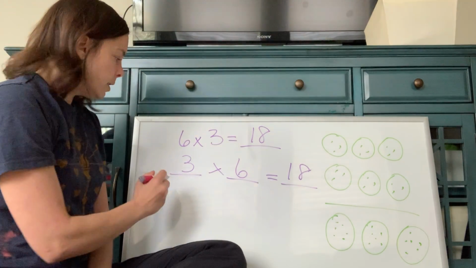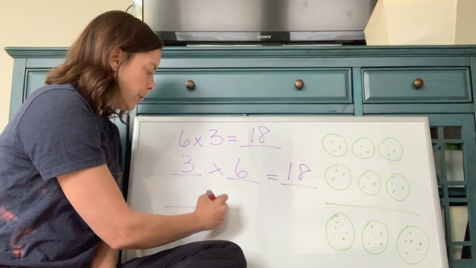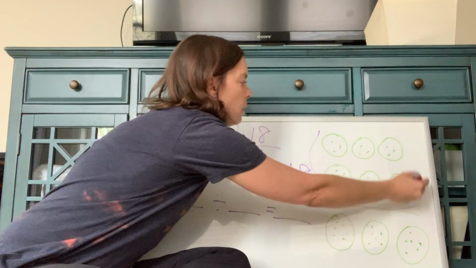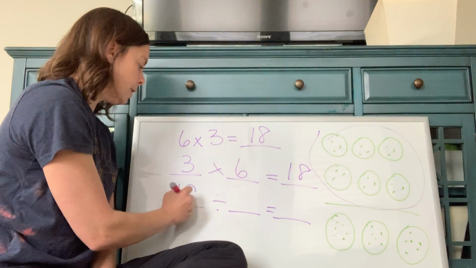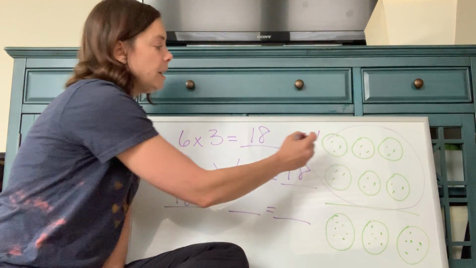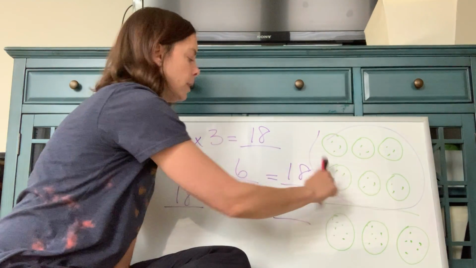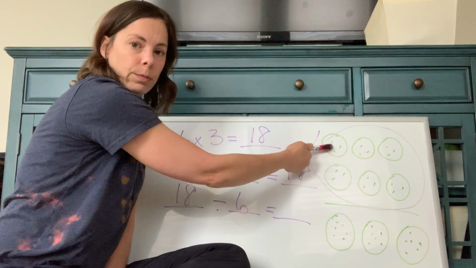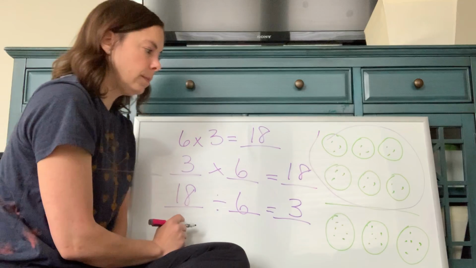Okay, so then they give us the division, and that means we're going to start with the total. So how many is in all of it? 18. And I divided 18 into 6 groups. And how many were in each group? 3.